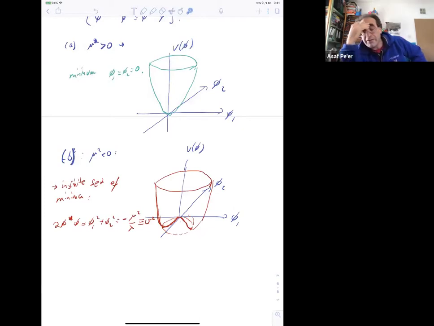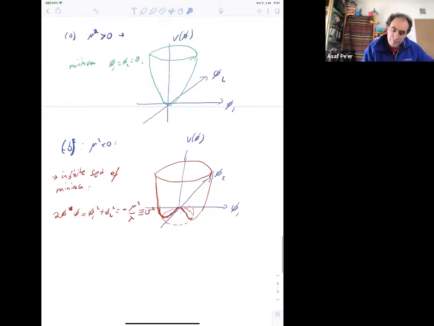Of course, the physical vacuum state will correspond to a particular choice of point in this circle. And when we do that, we have to break this global U1 symmetry of the Lagrangian.